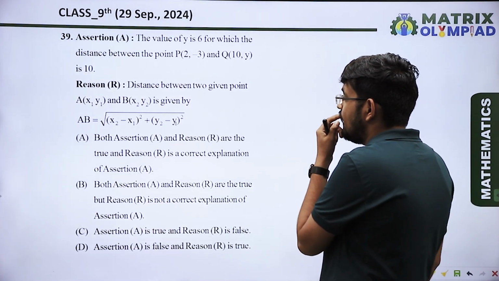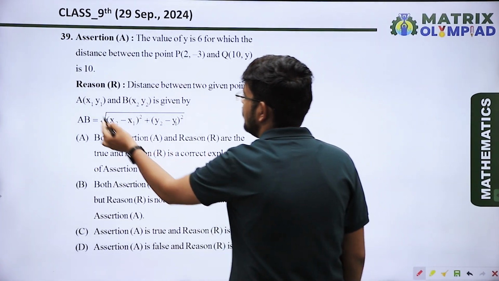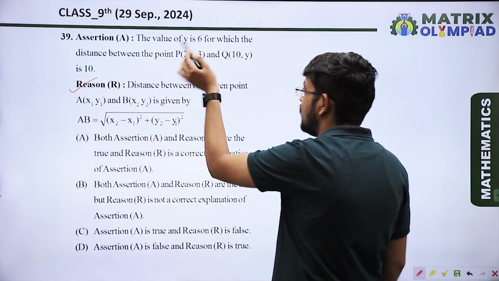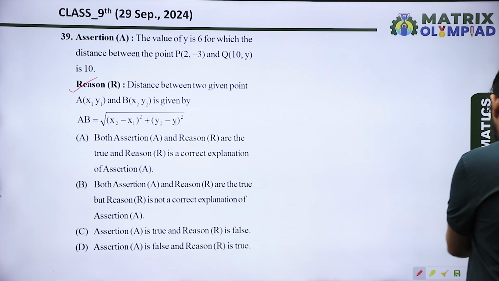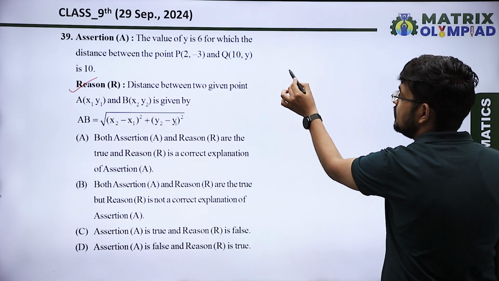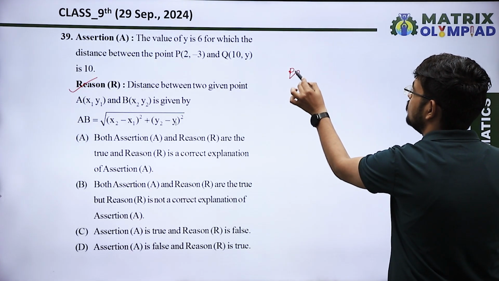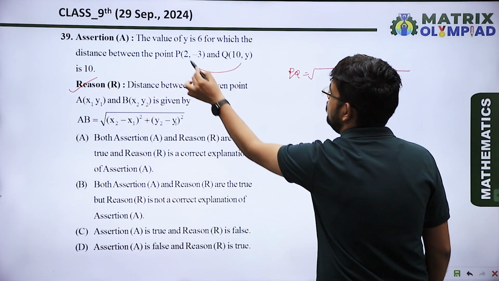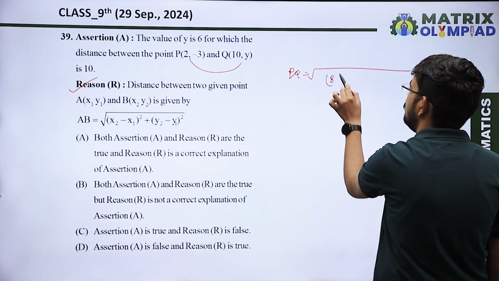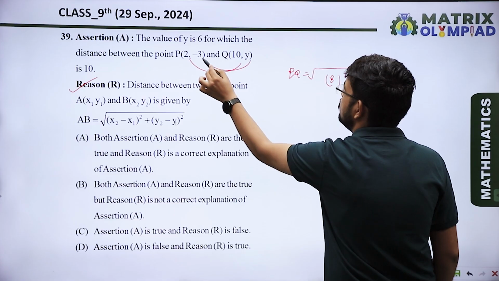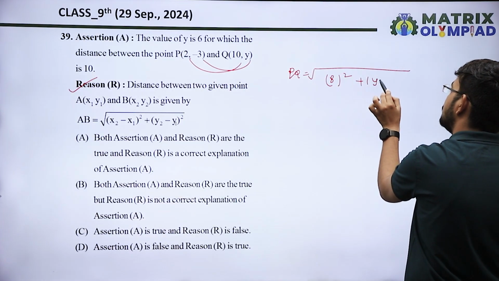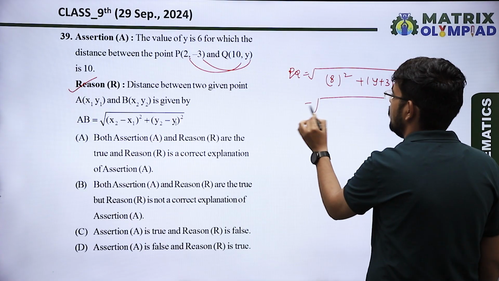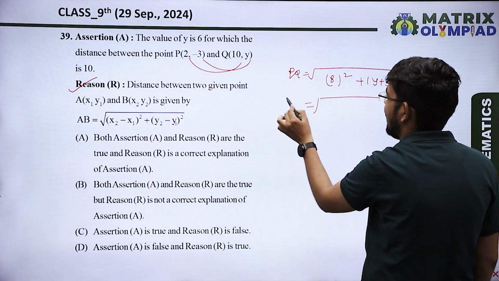The distance formula is correct, so the reason is correct. Now check the assertion: PQ equal to the root of (10 minus 2) square, that is 8 square, plus (y2 minus y1) square, that is (y plus 3) square, and the value of PQ is 10.